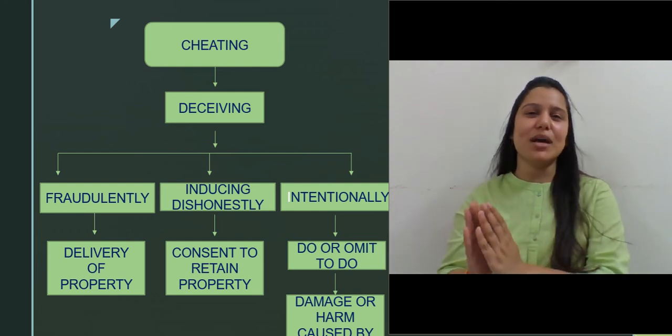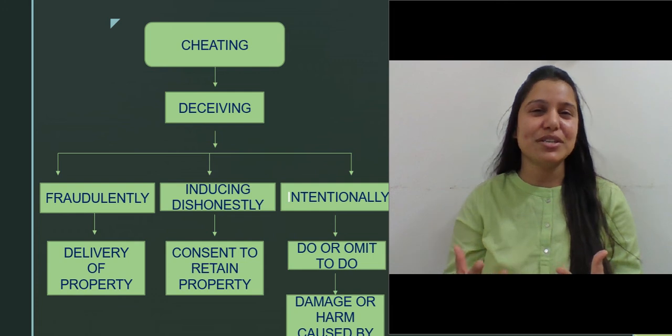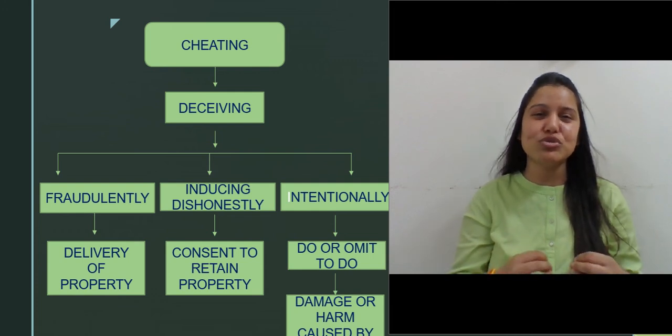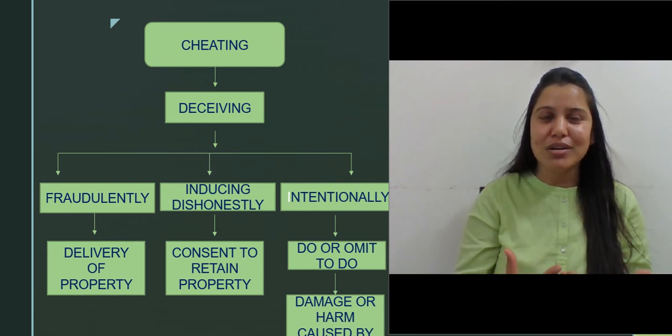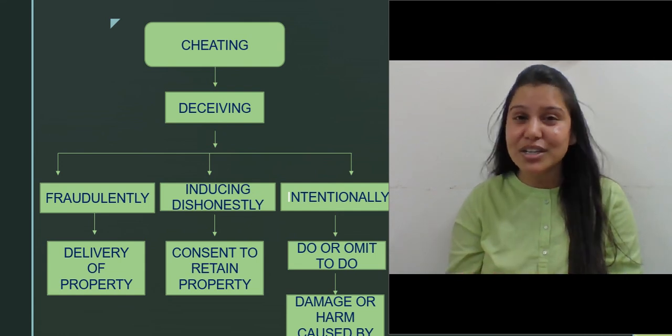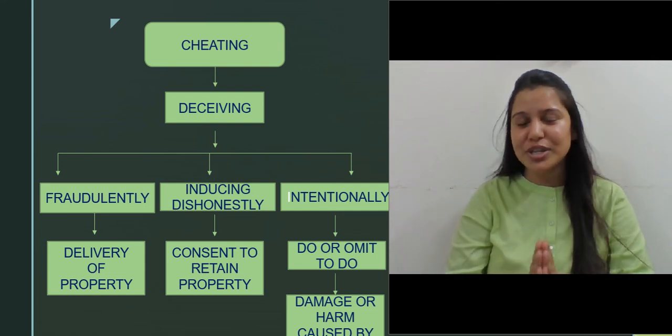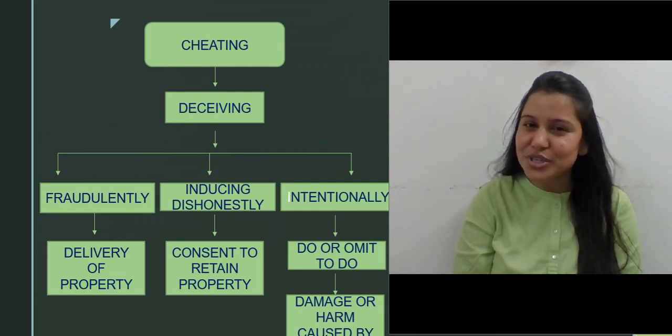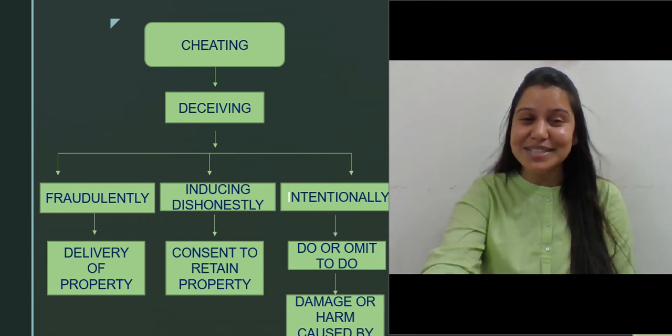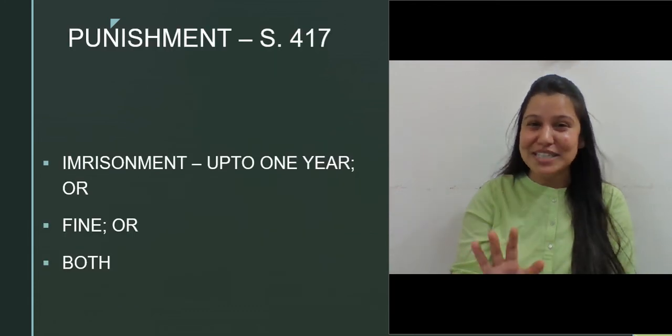So this is about cheating. You cheat to be somebody else, or you cheat with regard to the property, or with regard to your recognition, it could be anything, right? And this deception here amounts to cheating. I hope with this your concept about cheating is clear.